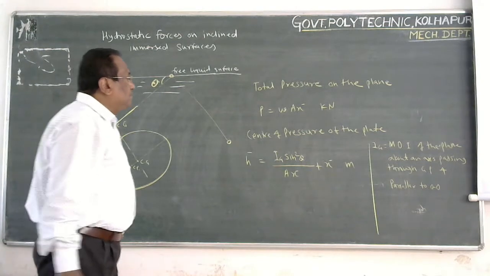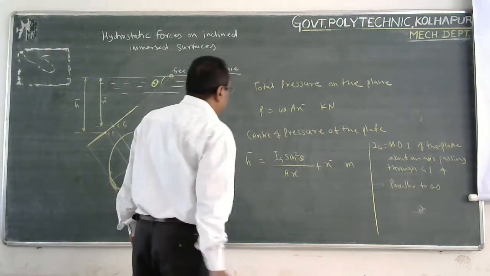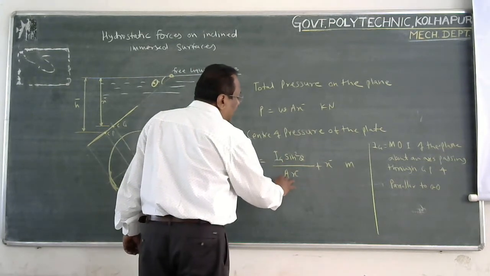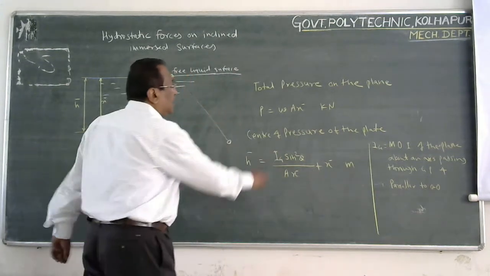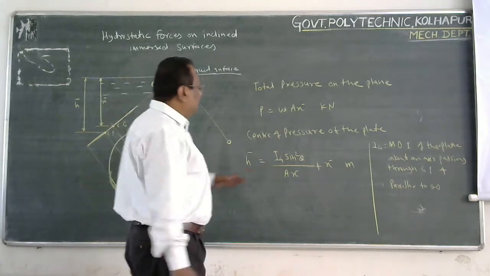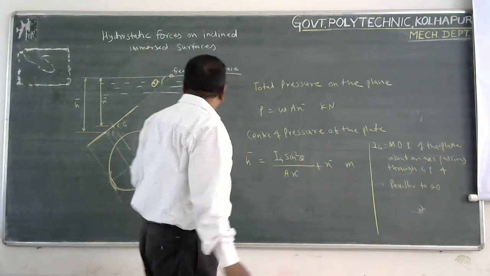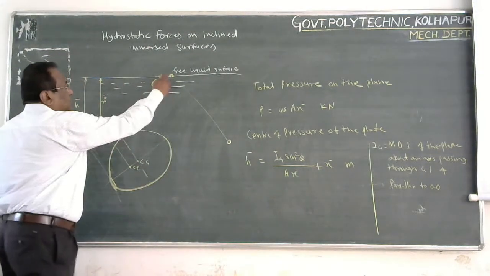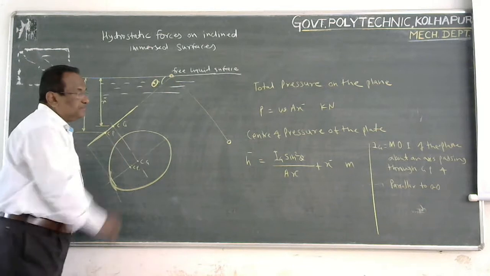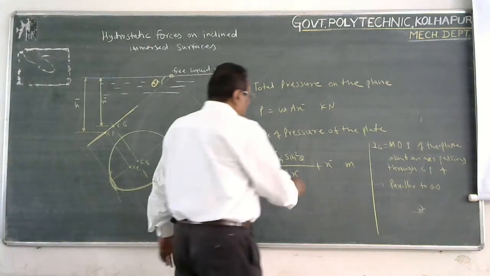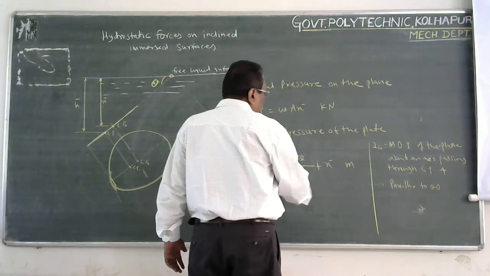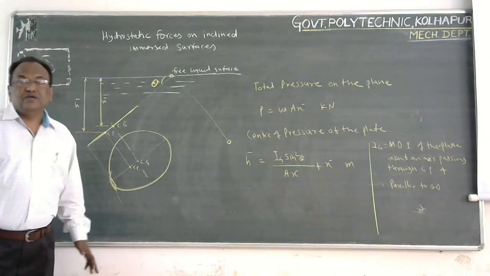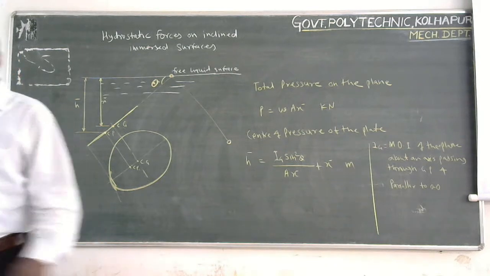The center of pressure of the plate is given by the formula Ig sin square theta divided by A x bar plus x bar, where Ig is the moment of inertia of the plate about the axis passing through the CG and parallel to the plane OO. And all other things remain the same. We'll see by solving a problem.